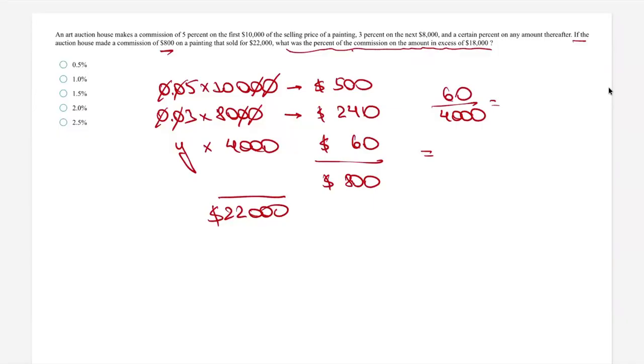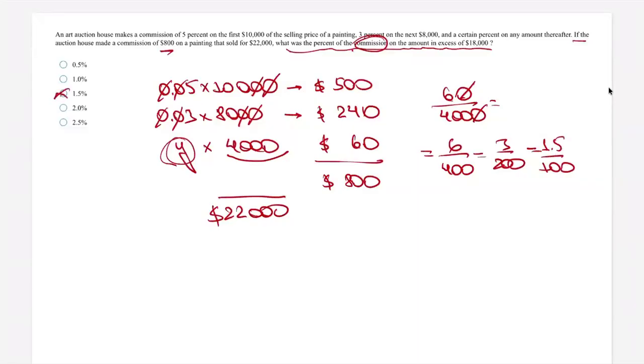What was the percent of the commission on the amount in excess? 0.015, that is 1.5%. Good? Sehr gut. Okay.